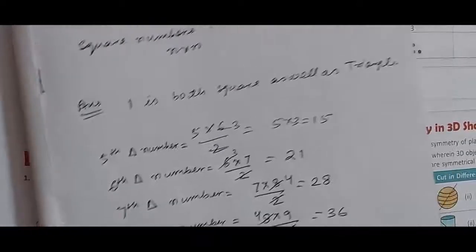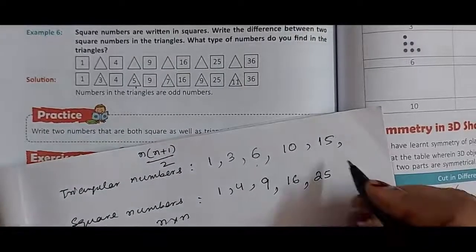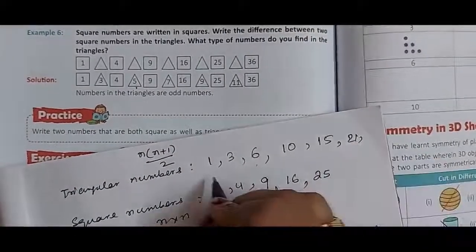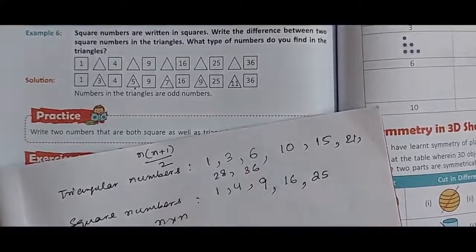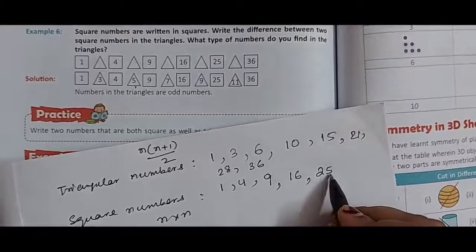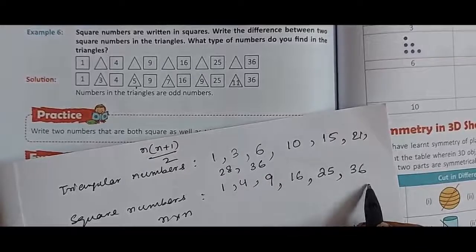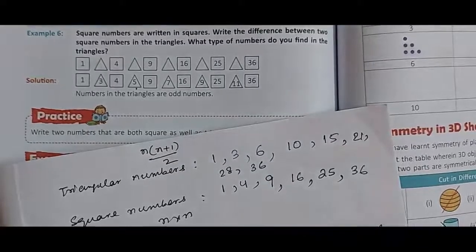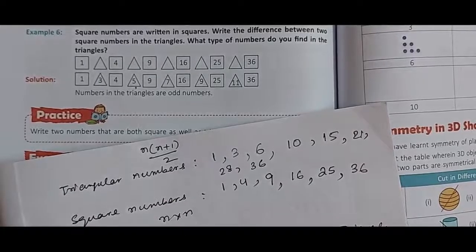That is, after 15 you are going to get 21, 28, and then you are going to get 36. And after 25 here, this is actually 5 square, 6 square is 36. So 36 is lying both in what? It is lying both in triangular numbers and also in square numbers.